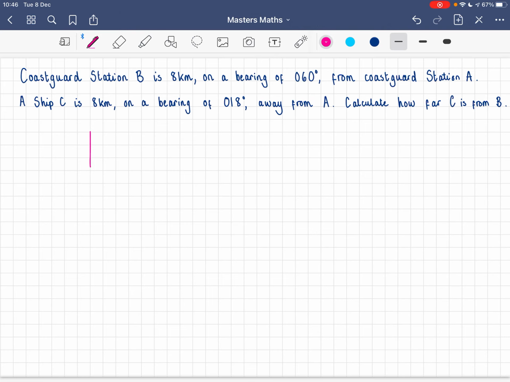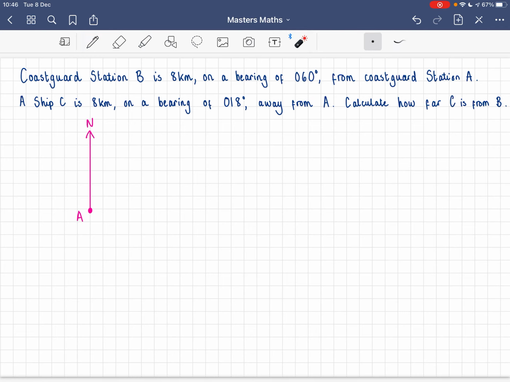Because we're talking about bearings, I'm going to straight away put myself a north line in there because I'm going to have to use that for my bearings. I'm going to put A at the bottom of that north line. Station B is 8 kilometres away on a bearing of 60 degrees.